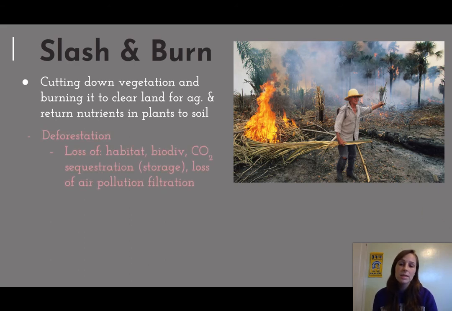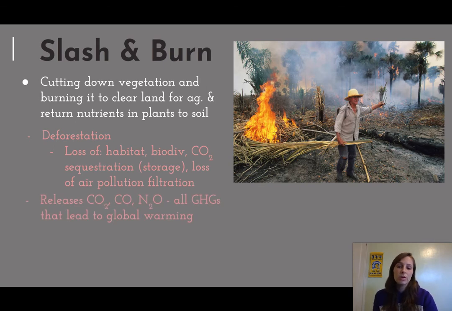So ultimately, what this leads to is deforestation. We're going to be getting less forests, which leads to a loss of habitat and loss of biodiversity. We no longer have those trees taking in carbon dioxide from the atmosphere, and we're also losing these plants, which help with air pollution filtration, so it leads to more pollutants in the air.